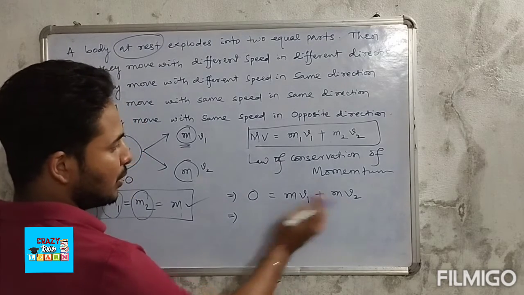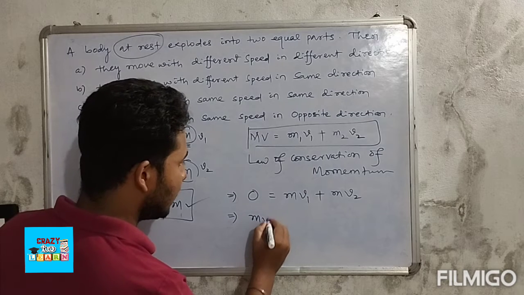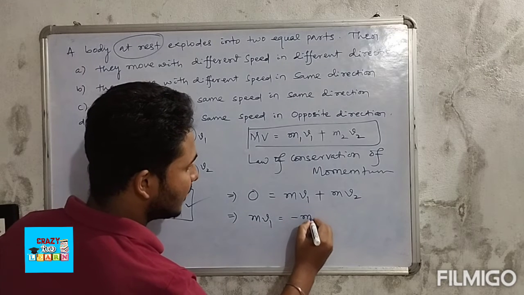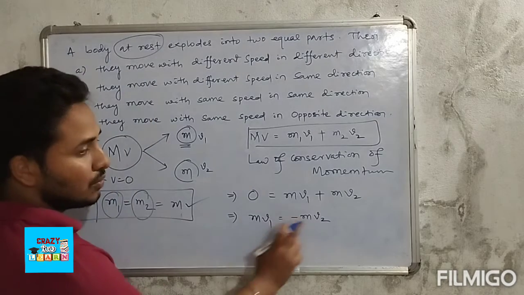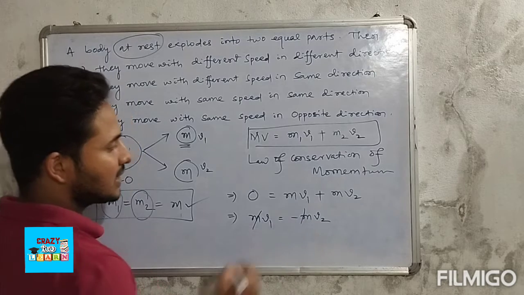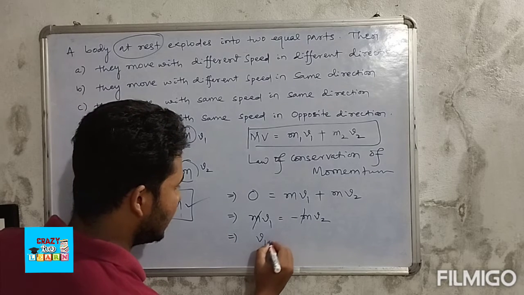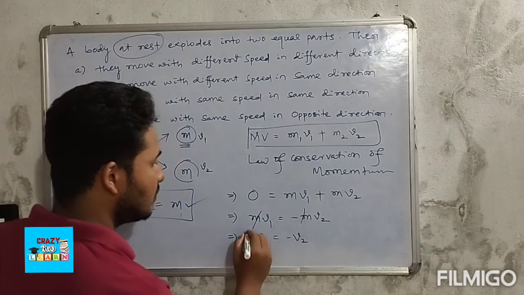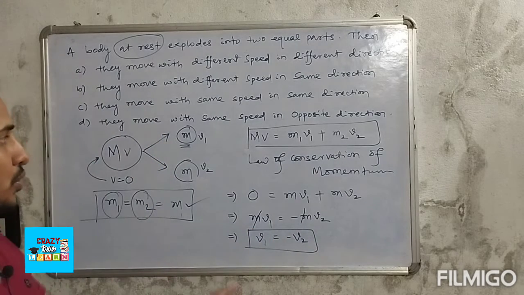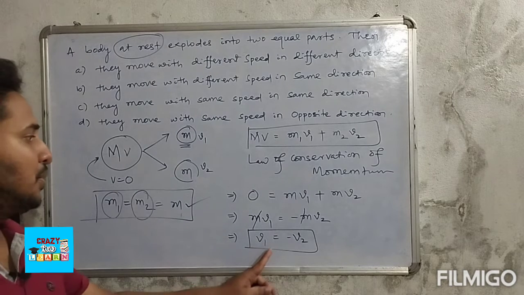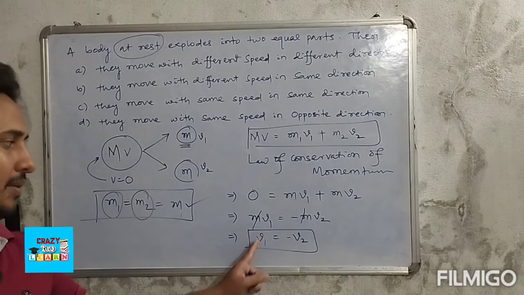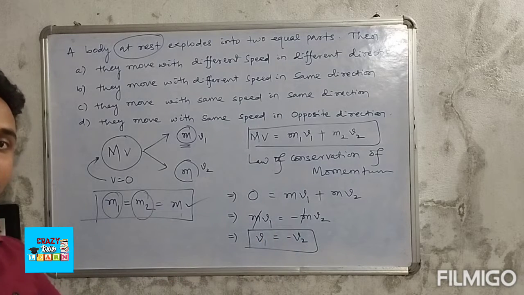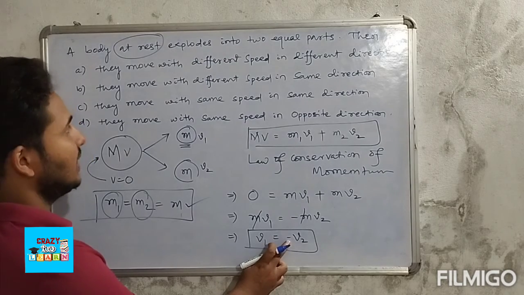Moving m v2 to the other side, m v1 is equal to minus m v2. The m cancels from both sides. We get v1 is equal to minus v2. Yes or no? So v1 and v2 are equal in magnitude, but a negative sign is there.